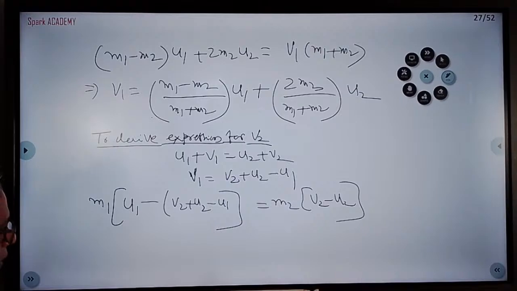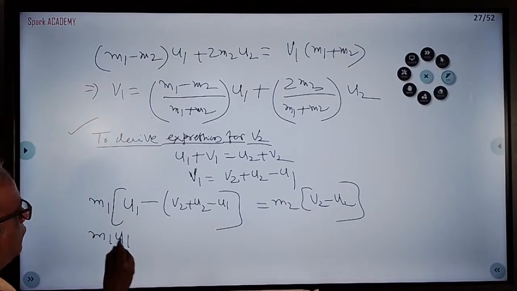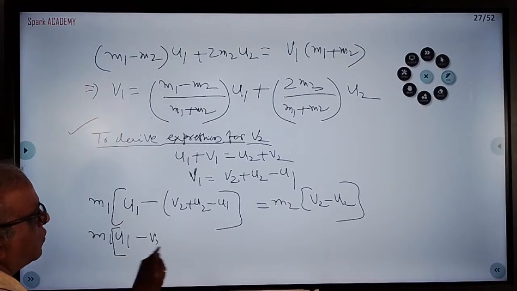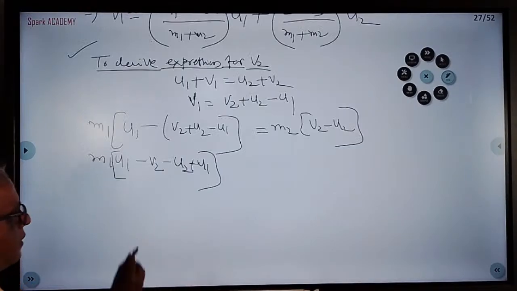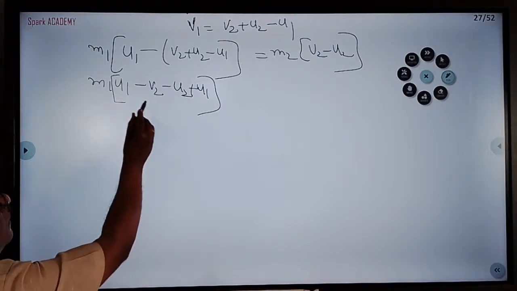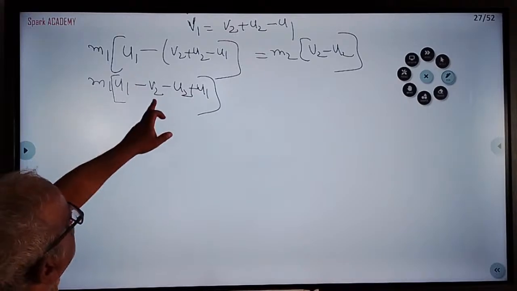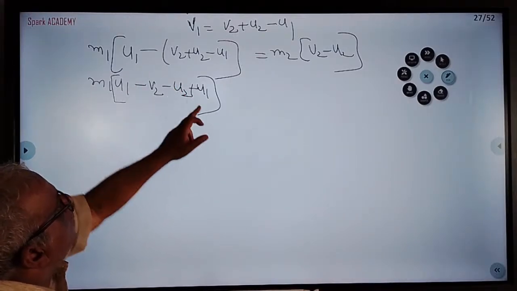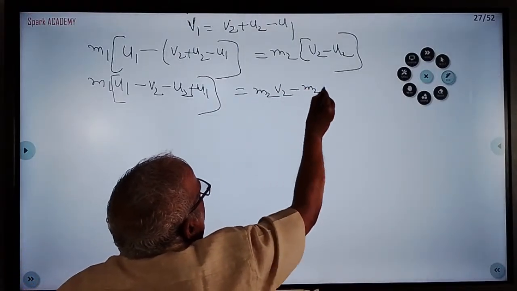From this onwards, you count m1 u1 minus v1, and I am keeping brackets once again: m1 u1 minus (v2 minus u2 plus u1) is equal to m2 v2 minus m2 u2.